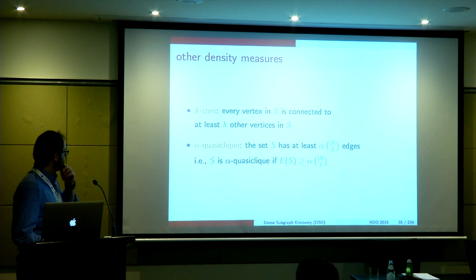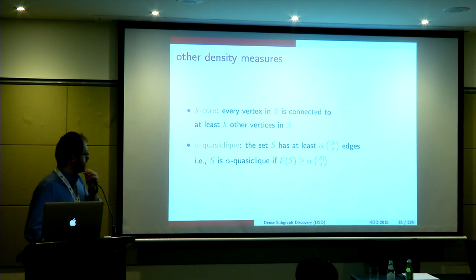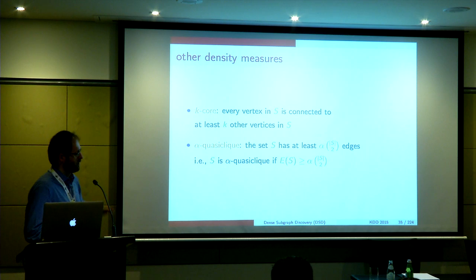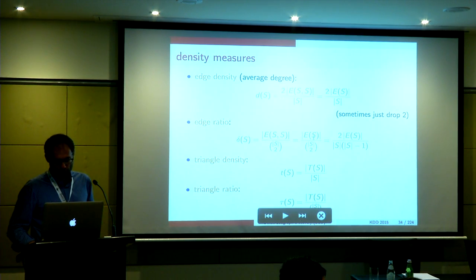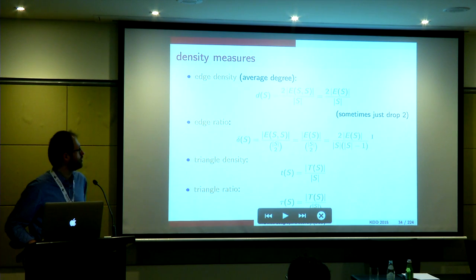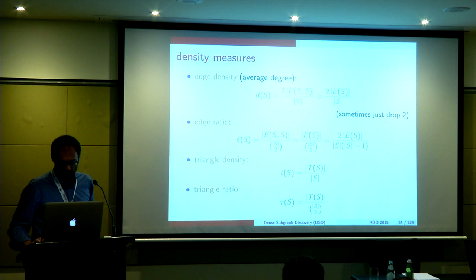Yet another definition is alpha quasi-clique. So the motivation here is the following. Consider the edge ratio, for example, that I had before. Assume that I want the edge ratio to be larger than some fraction alpha.